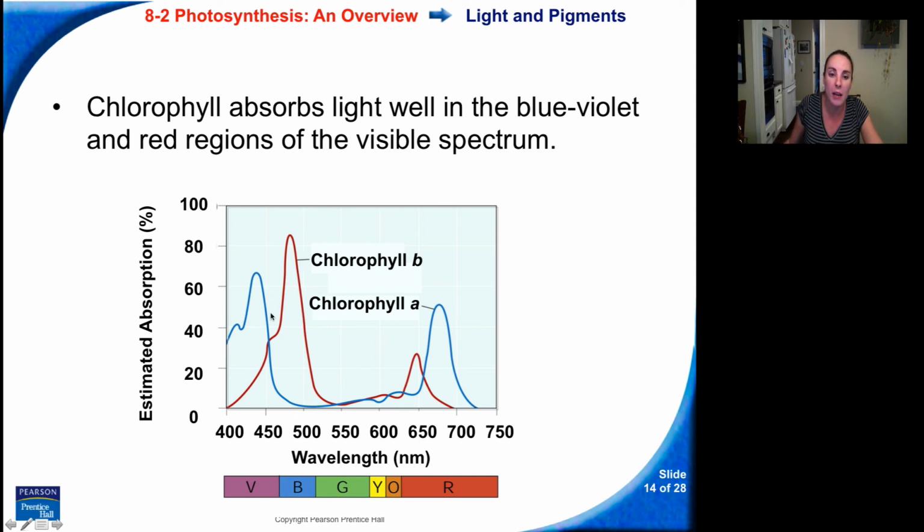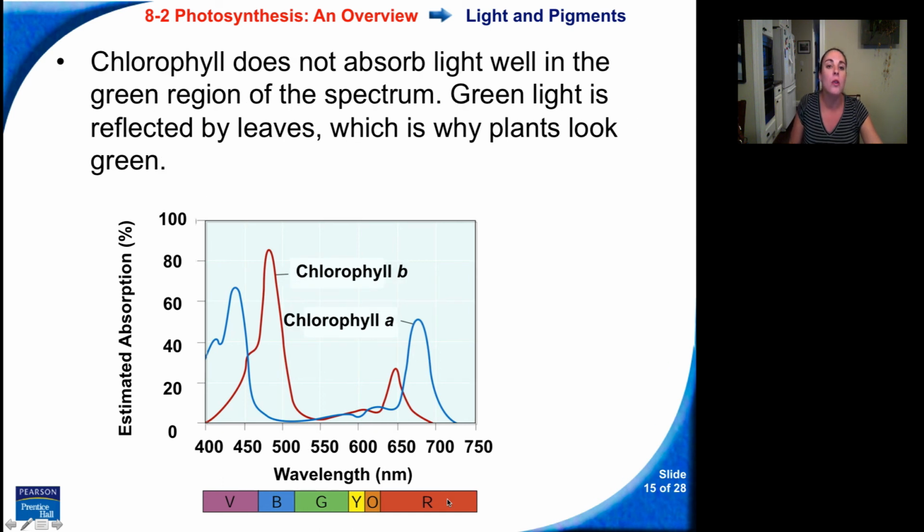So chlorophyll A and B absorb violet and blue light along with red light. Okay? Chlorophyll does not absorb light in the green region, so there's really no light absorption here. So green light is actually reflected by the leaves, which is why plants look green.